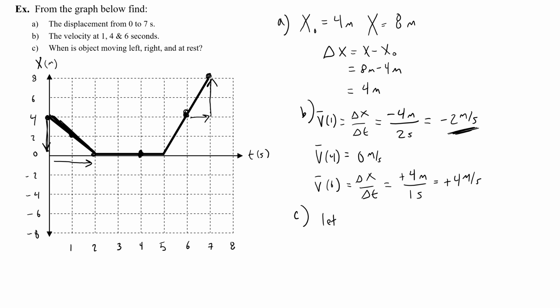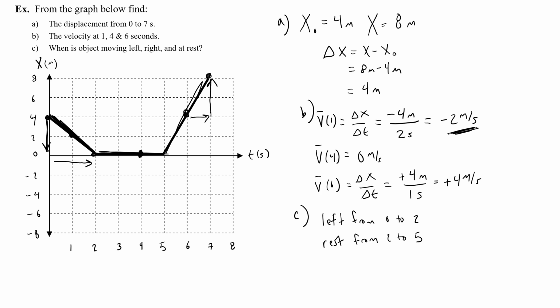So left from 0 to 2 seconds. From 2 to 5 seconds, there is a slope of 0, and that tells me that the object is not moving at all. So at rest, from 2 to 5 seconds.